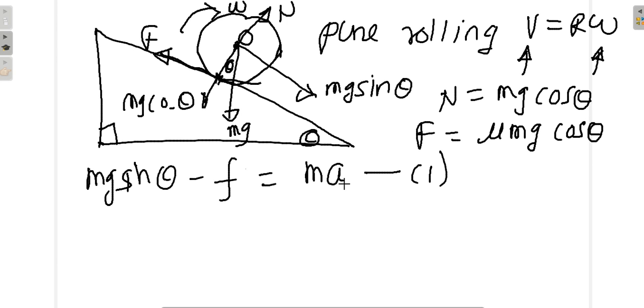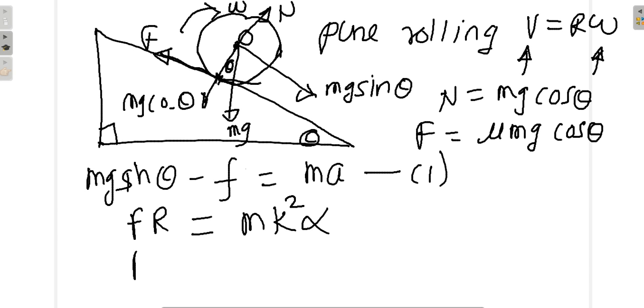What about the rotational part? The torque produced is F into R. So the force of friction into R is equal to I alpha. Let me take I as mk square, where k is the radius of gyration, and you know alpha, I can put A upon R for a purely rotational body. So F into R is mk square into A upon R.